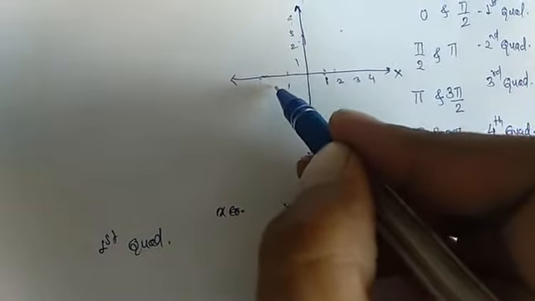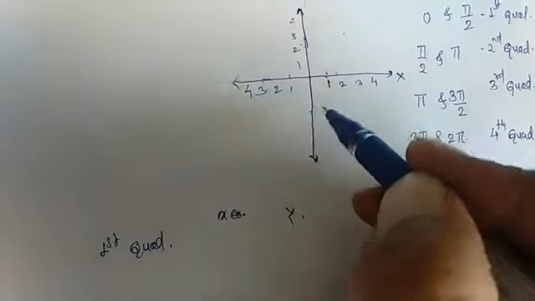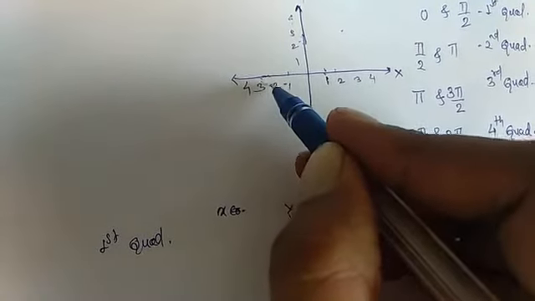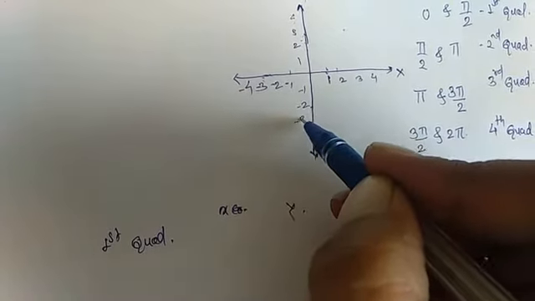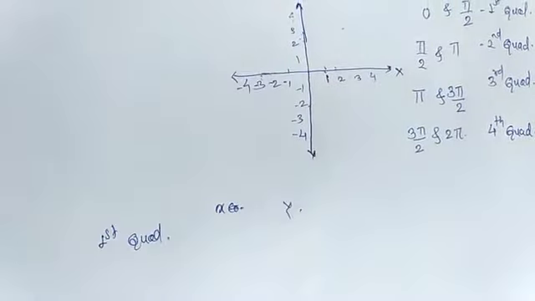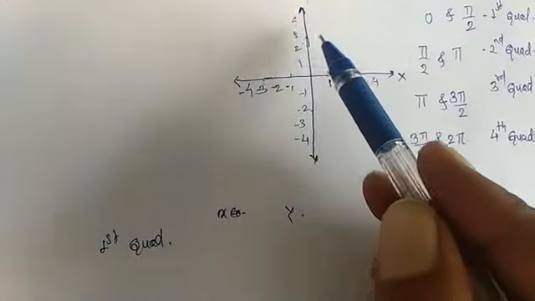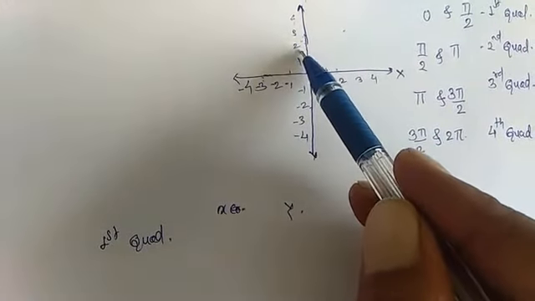Sorry, here it is -1, -2, -3, -4, and here it is also -1, -2, -3, -4. Now in the first quadrant both x and y are positive.